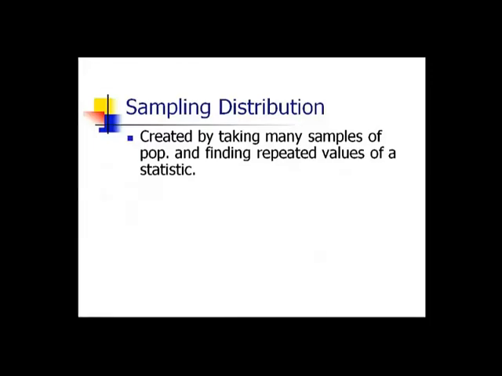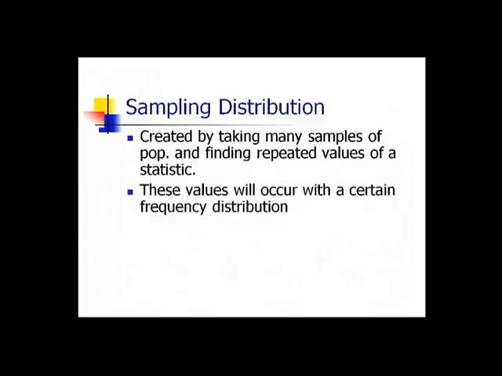All right, so we're going to use that exact same approach. So it's created by taking many samples, theoretically all the samples of a population of the same size, calculating over and over the sample mean, or whichever statistic we're interested in, and realizing that those values, those sample means or sample standard deviations, again, this is true for all sample statistics we could measure, are going to occur with a certain frequency distribution.